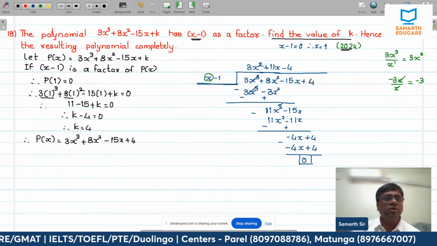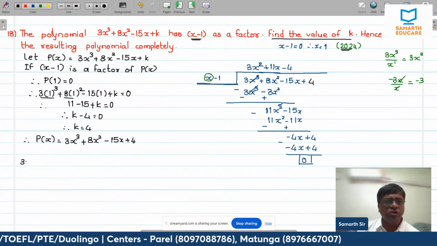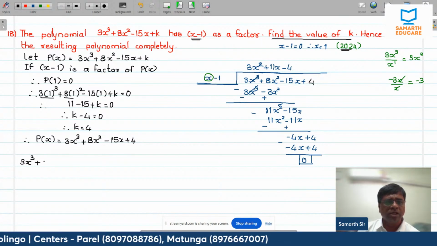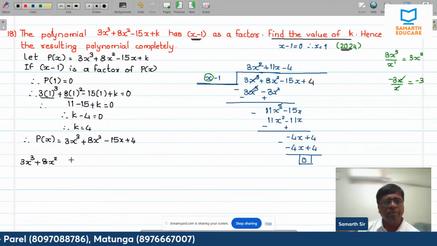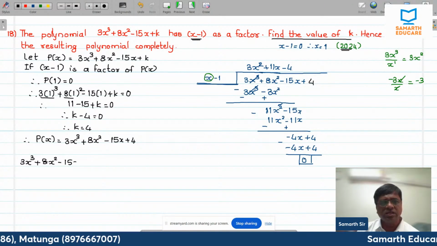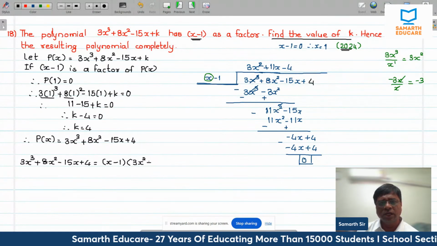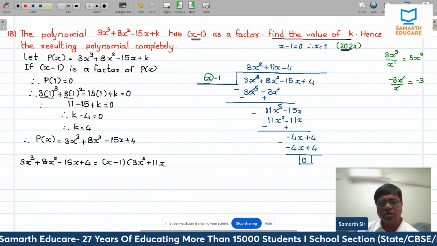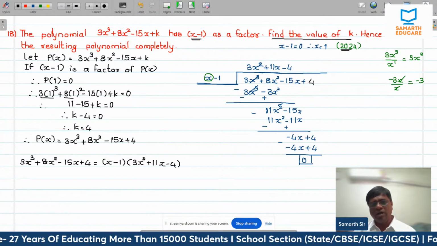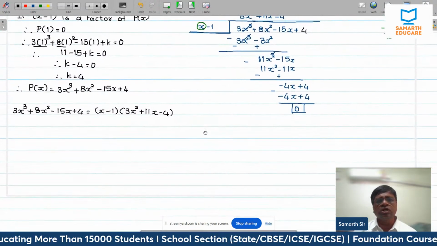So once again, coming back to the question, the polynomial 3x cube plus 8x square minus 15x plus 4, dividend is equal to divisor into quotient, right? And plus remainder is 0, so I need not do anything.